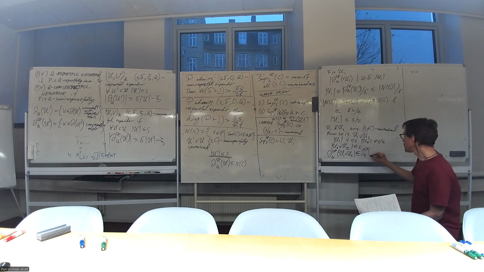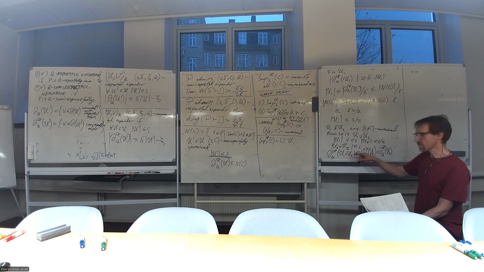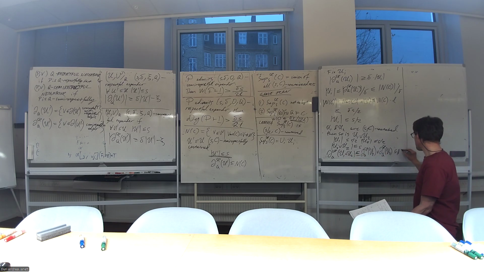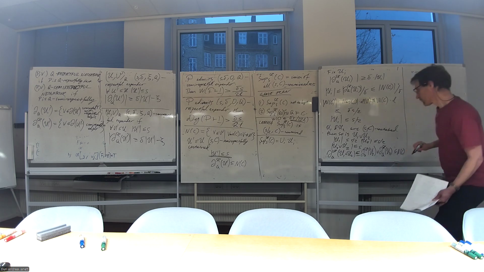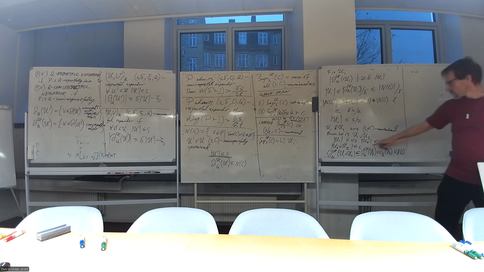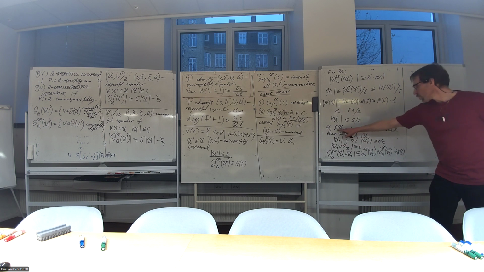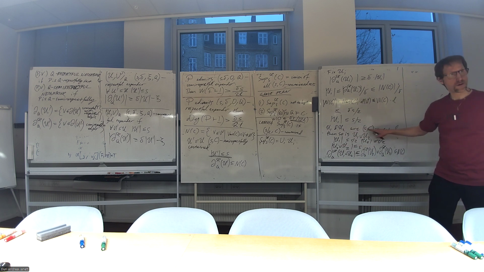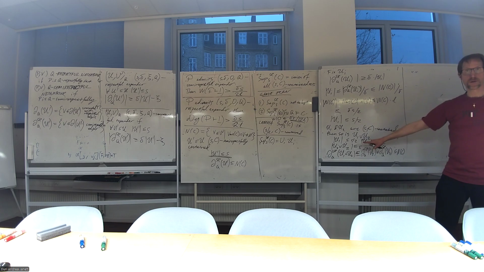In symbols, the boundary of U1 union U2 is contained in the boundary of U1 union the boundary of U2. Both of these are contained in the neighborhood of C by definition.